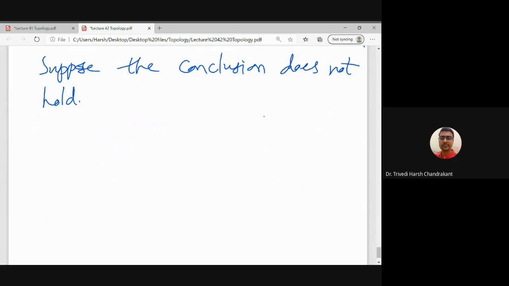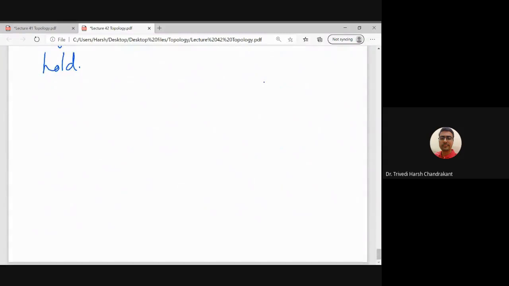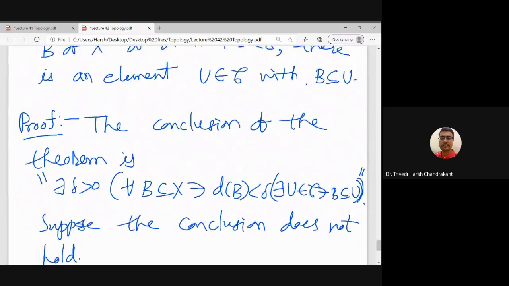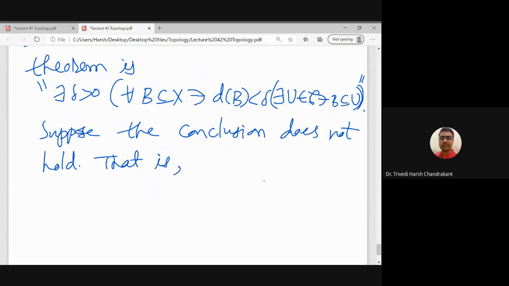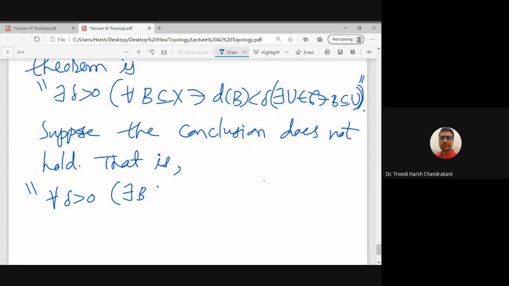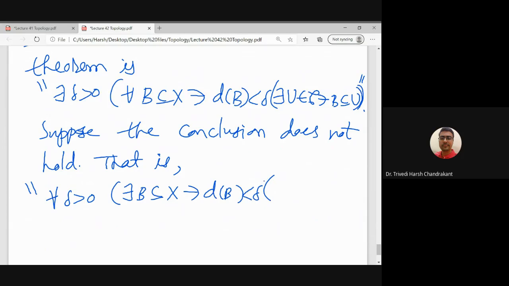So the conclusion does not hold. That means we want to make a negation of this statement. So that says that for every delta greater than 0, there exists a subset B of X so that the diameter is less than delta, and the property fails.